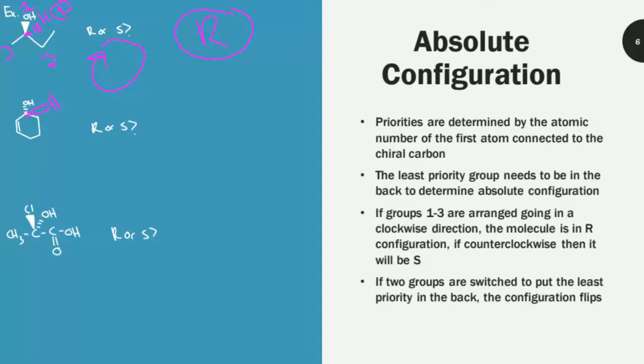My OH group is going to be number 1, right? Oxygen is higher than carbon. Hydrogen will be 4. And the side with the double bond is going to be a higher priority than the other side. Does that make sense? Because we went over today how the double bond basically means you're attached to whatever atom that is twice.